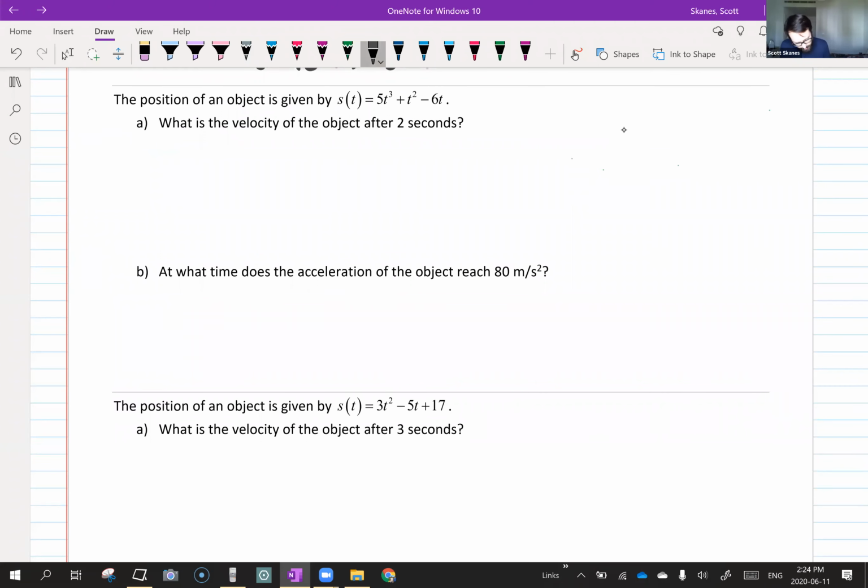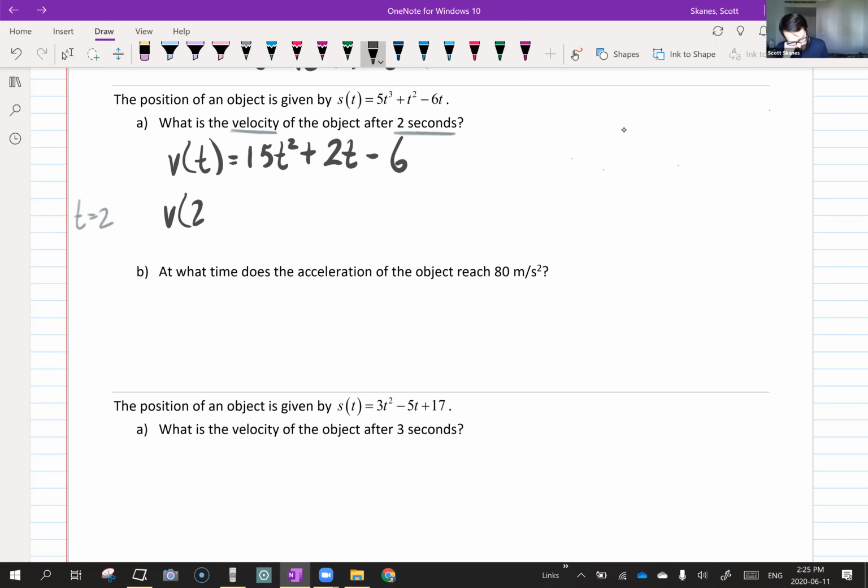The position of an object is given by this function. What's the velocity of the object after 2 seconds? Well, very simply put, the velocity is the first derivative of the position. This is the velocity. If you know the velocity function, all you need to do is substitute the time. We know that time is 2 seconds here.